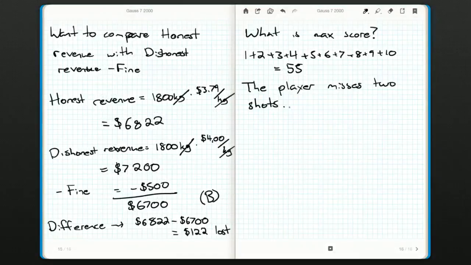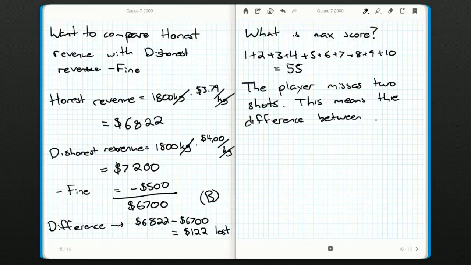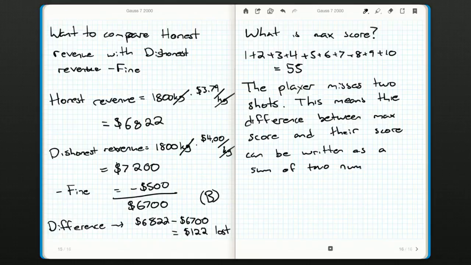So the player misses 2 shots. So that means the difference between the max score and their score can be written as a sum of 2 different numbers.